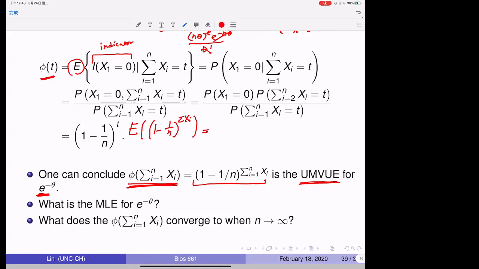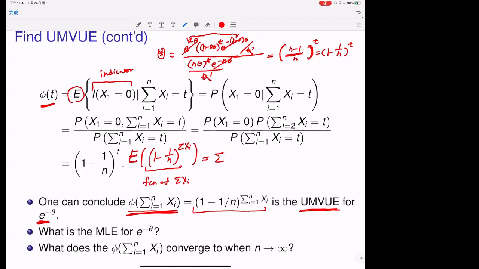This is still a function of n, a function of the summation of xi. You have to know that first. So the inside is a g function of the summation of xi. Then what kind of expectation is it? I can use the PDF of the summation of xi, which is Poisson with n theta.